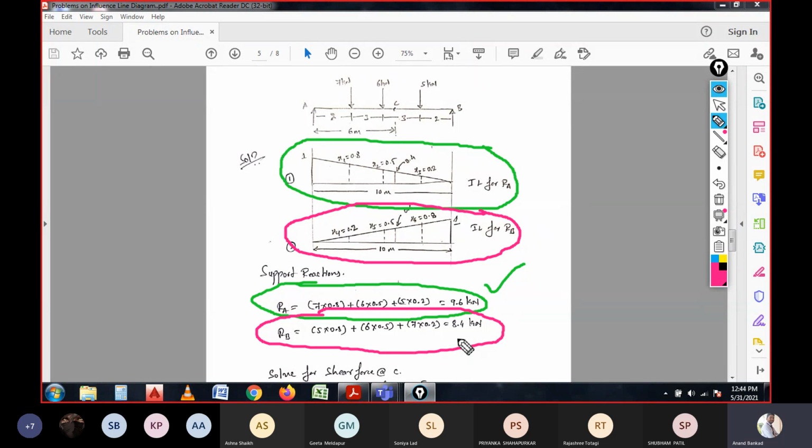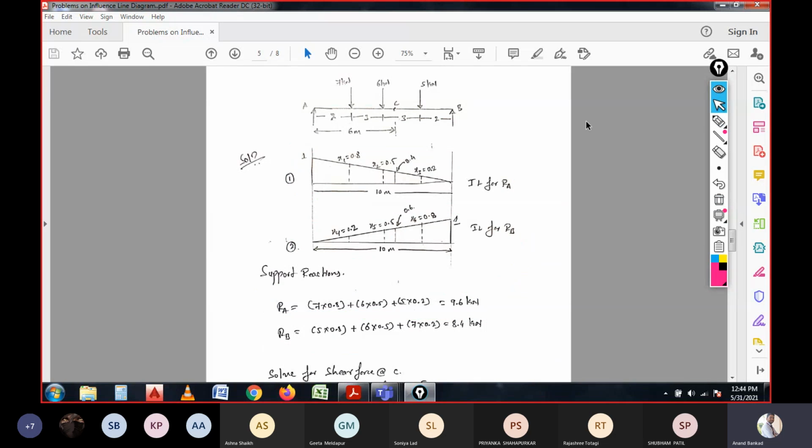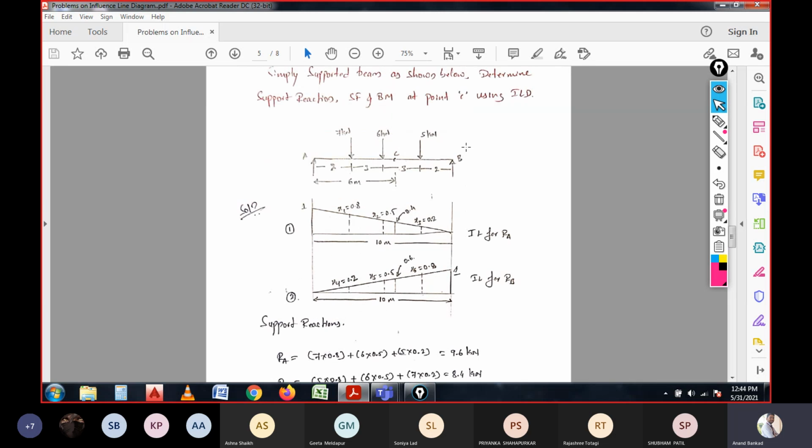This is how we need to calculate the support reactions RA and RB, that is support A and support B. So now we have completed calculating the support reactions.